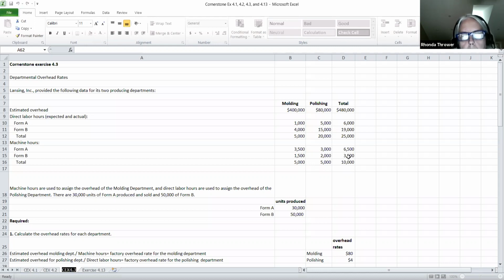The total machine hours for Form B is 3,500 hours. And then they added the machine hours together to get the total machine hours in the molding department, the total machine hours in the polishing department, and the total of both departments is 10,000 hours for the machine hours.